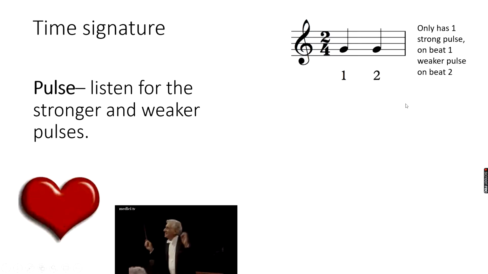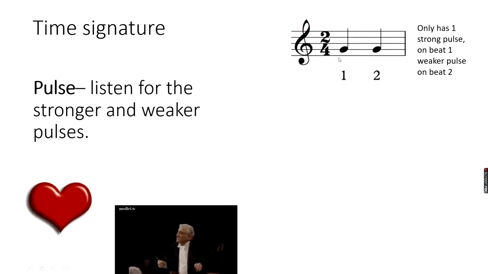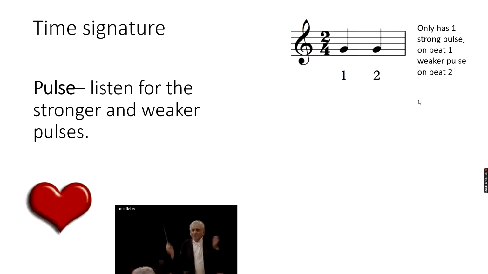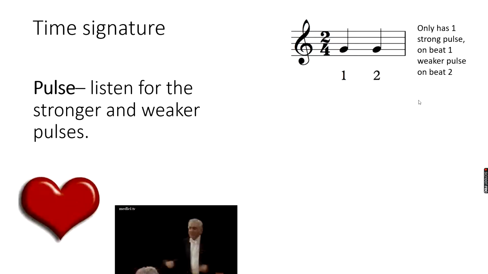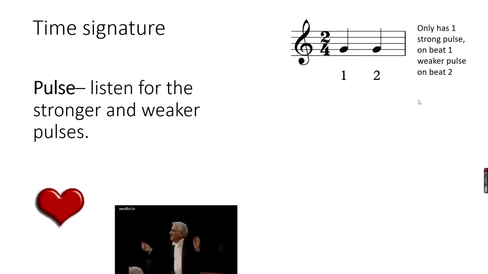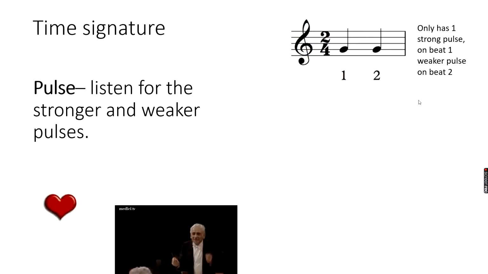It only has 1 strong pulse, which is beat 1. Beat 2 is weaker, so it should sound a bit like this. So beat 1 is stronger. So when you're counting that, when you've found that pulse, you then count 1, 2, 1, 2, 1, 2.